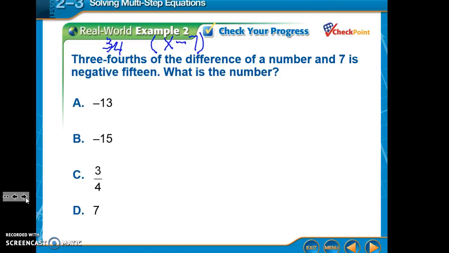Equals. Nope, because it's multiplying 3/4 of whatever that is. And we want to get rid of the 7. And it's negative 15. How do I write that? Alright, so 3/4 of means multiplying, of the difference of a number and 7.